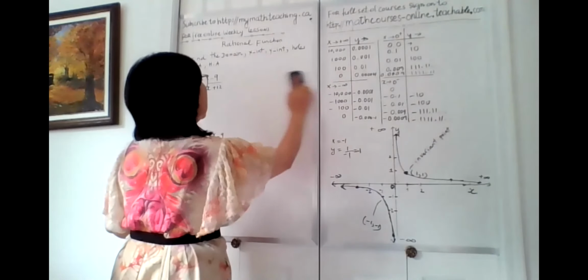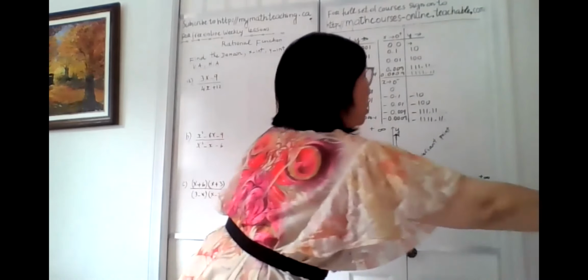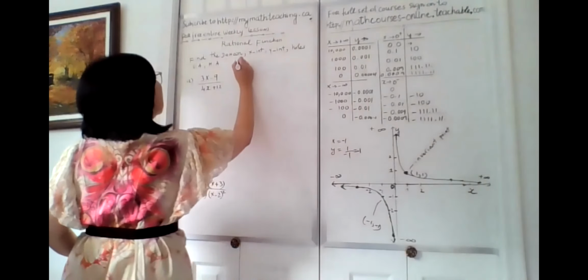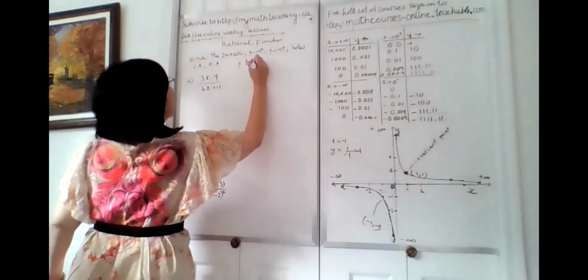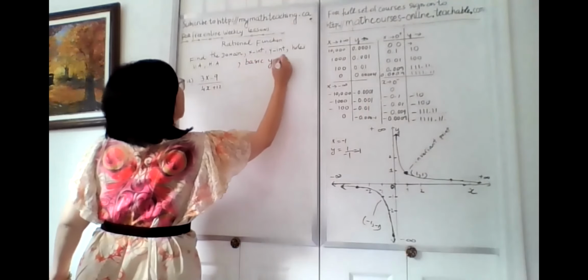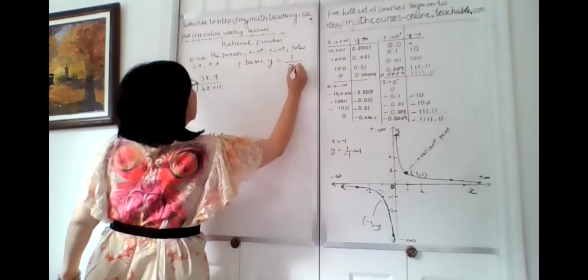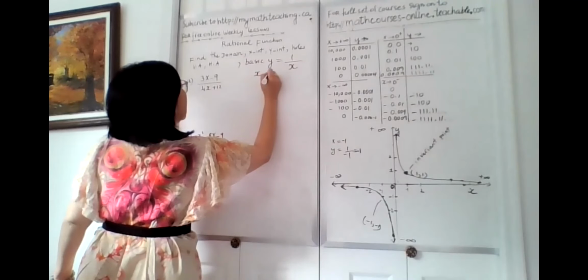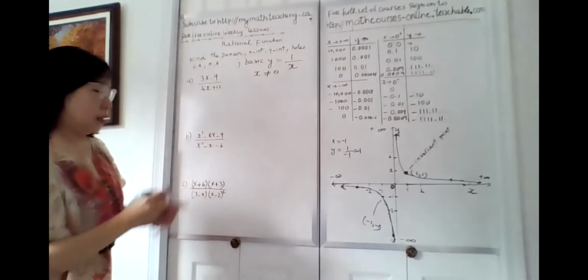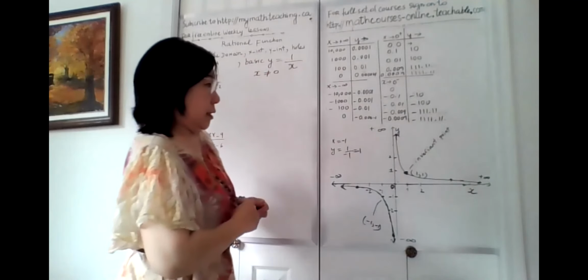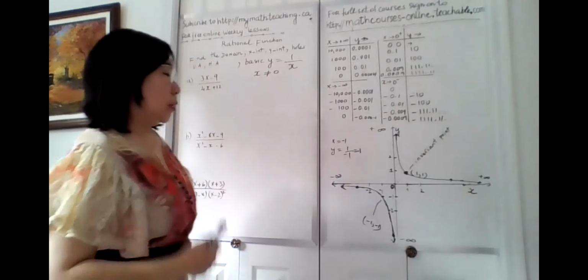Basic understanding. Let me just put here that the basic one is y equal 1 over x, and we said x cannot be 0. So now let's analyze a little bit, okay?